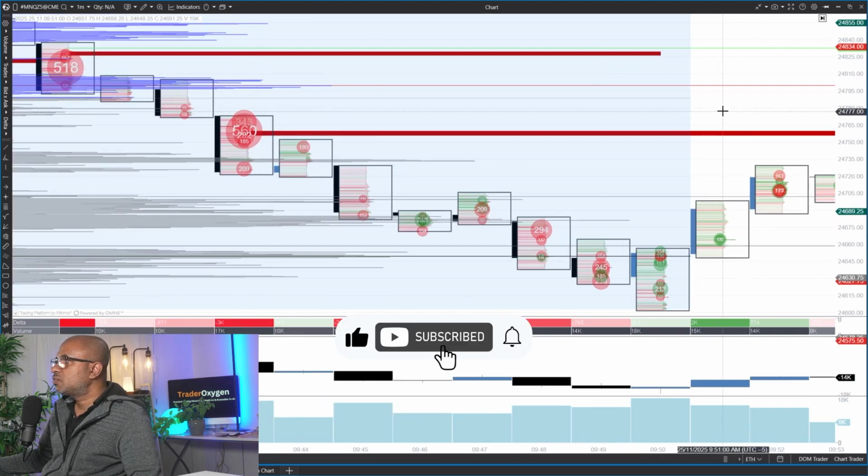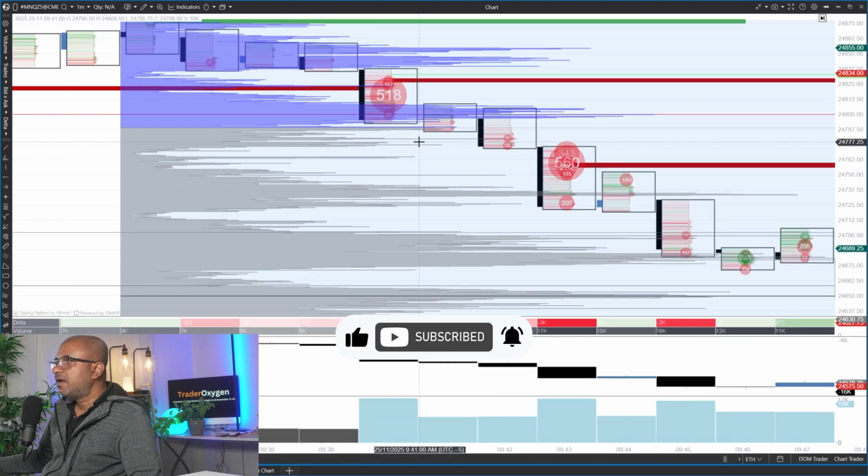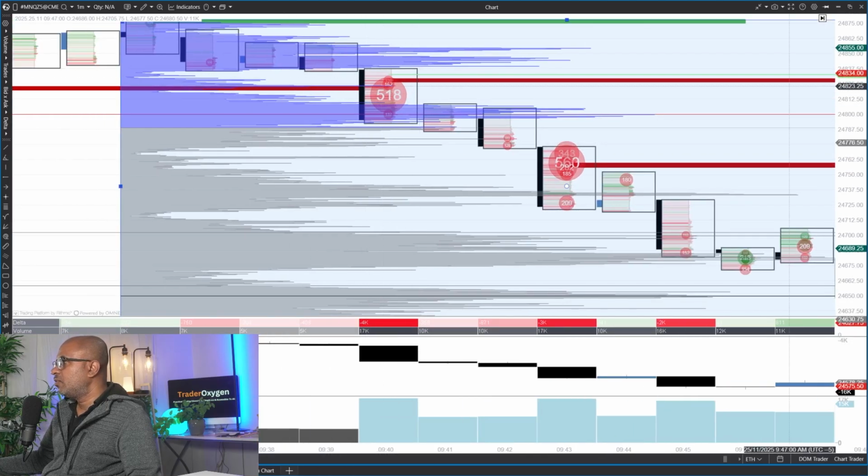In this candle, what I can see is the aggressive sellers, the bubbles, were in these price levels. So in this bearish stacked imbalance, this is where the aggressive selling happened mostly.